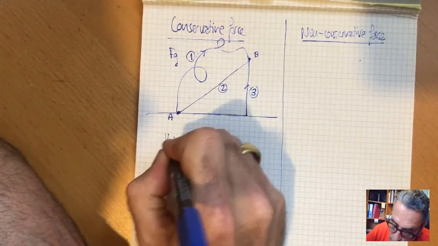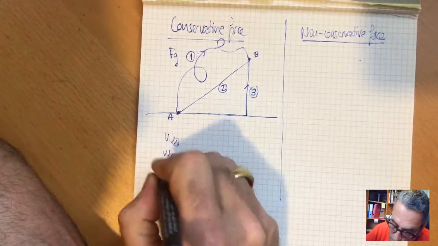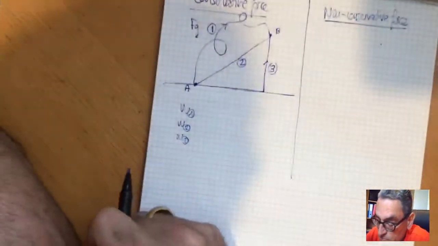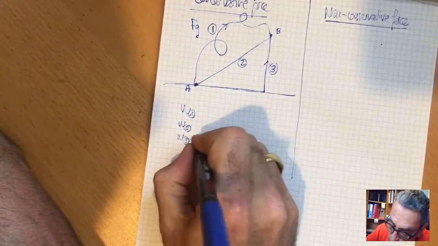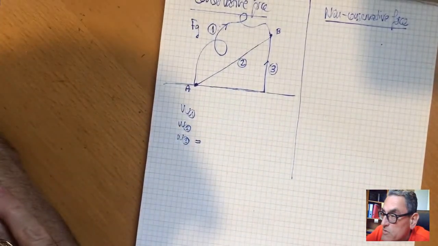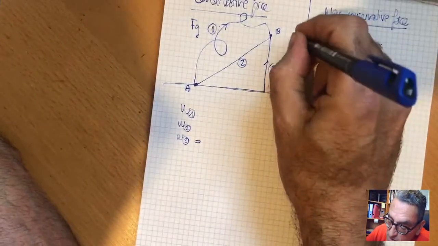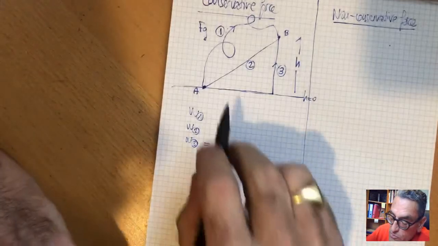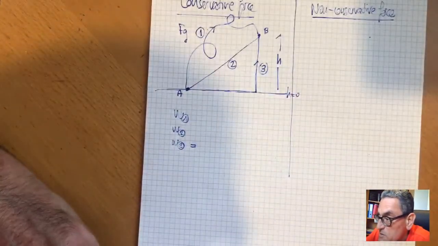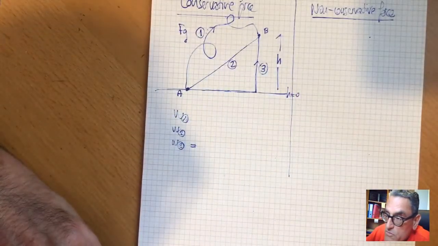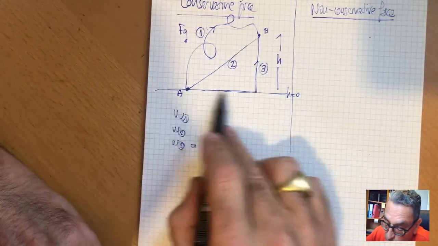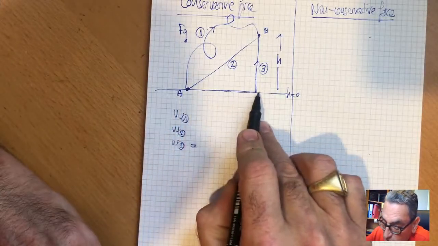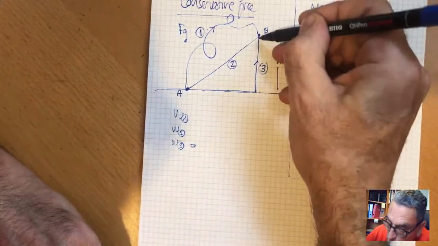What is the work on path 1? What is the work on path 2? What is the work on path 3? Let's start with the work on path 3. What do you think it is? If this height is h, here we set h to be 0. Well, we saw it before in the exercise. This is also why I did the exercise before. When we go from A to B, we can legitimately go flat, horizontally, and then go up.